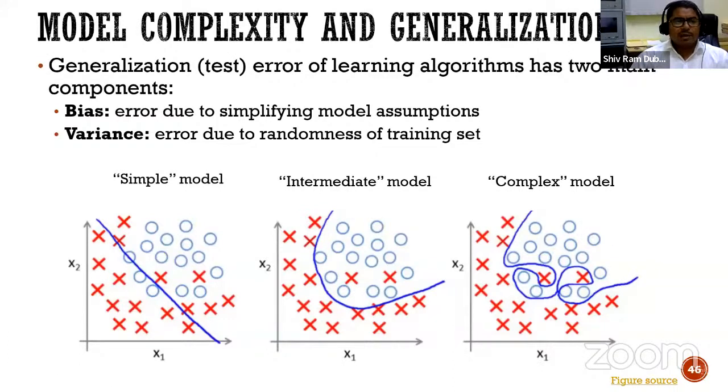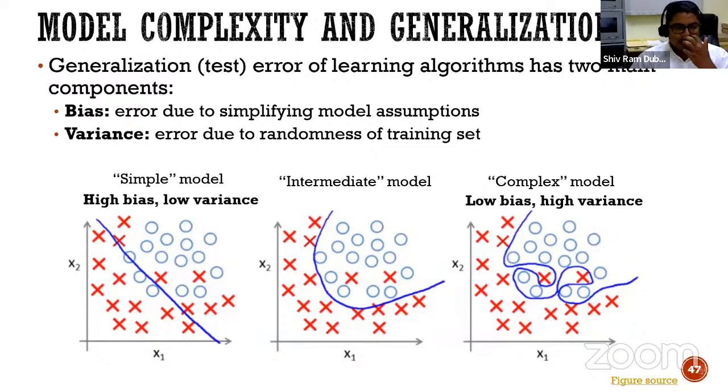Based on that, we generally get two terms, which are called bias and variance. On the left side, we have very high bias and very low variance. Whenever a model has high bias and low variance, it means that our model is underfitting.